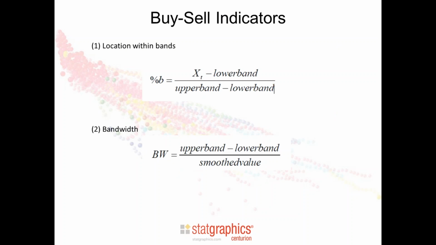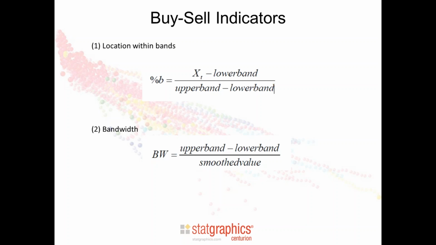You take the stock price at the current time, subtract the lower band, and divide by the distance between the bands. That basically shows you where you are. It would be 0.5 if you're right in the middle of the trading bands, and somewhere between 0 and 1 as long as you're within the bands, although it could actually go outside that range if you went above or below the bands.